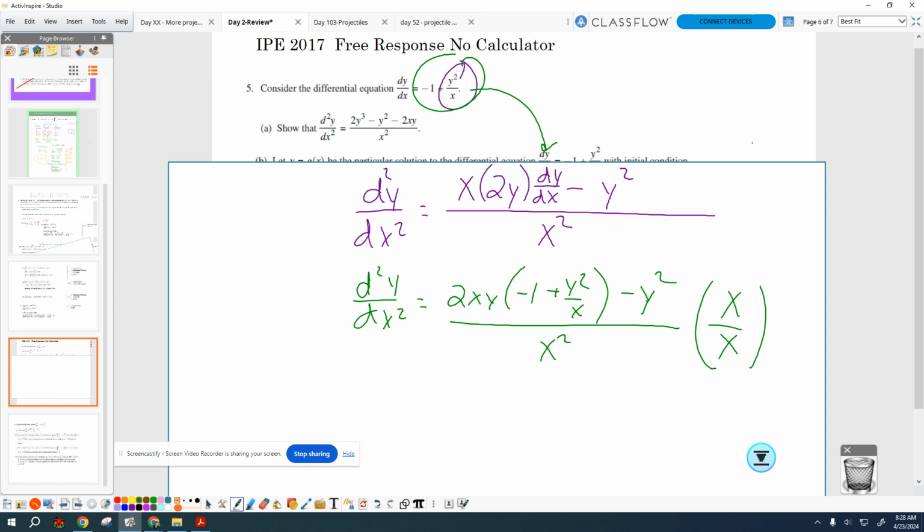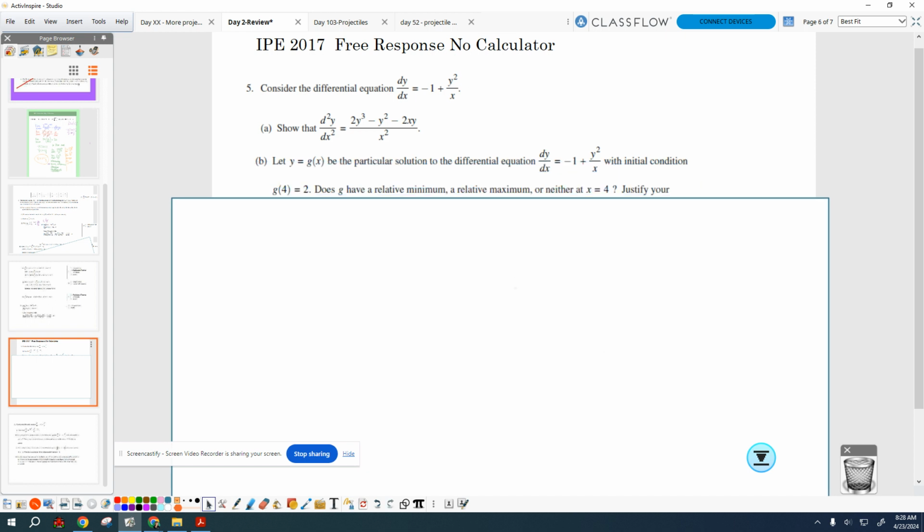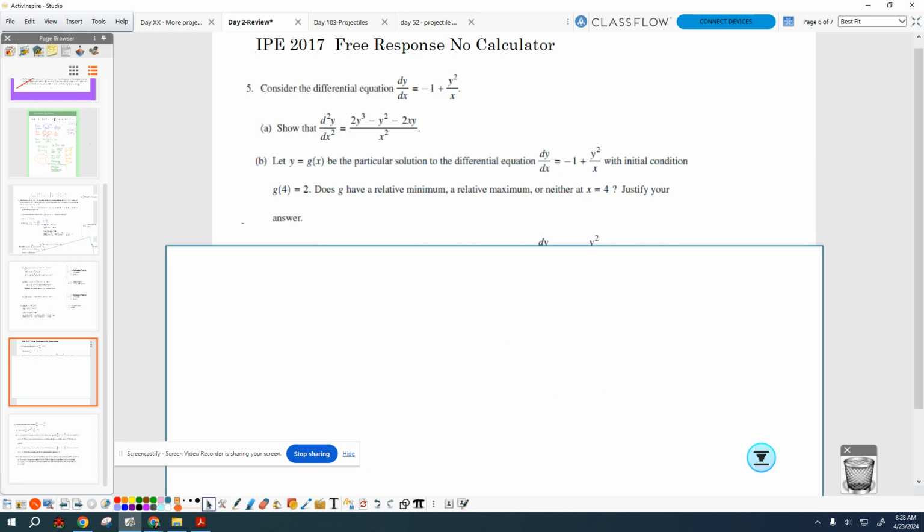But I want to do the other parts. The particular solution, can we actually find the answer? Can we integrate this, separate the variables? No, because that -1 there is just in the way.